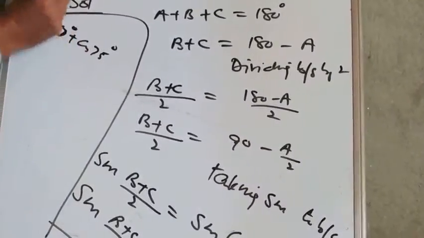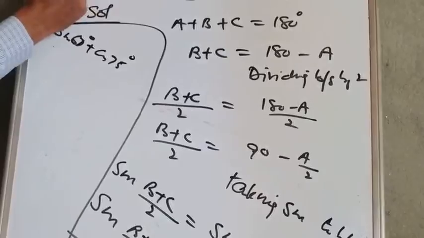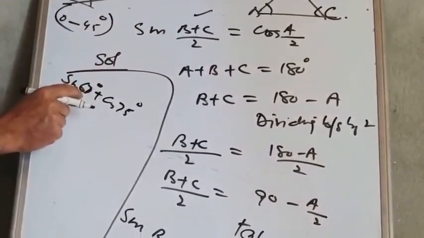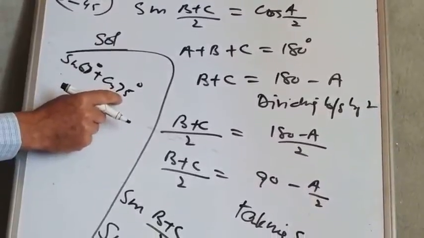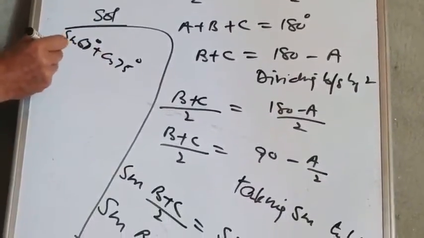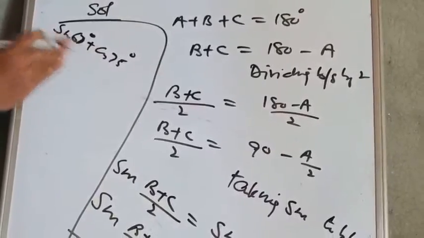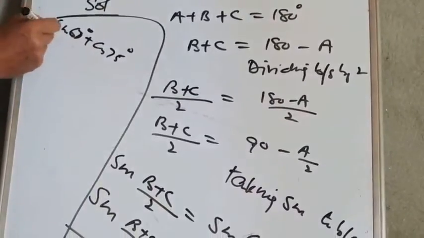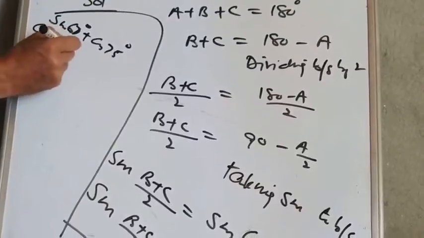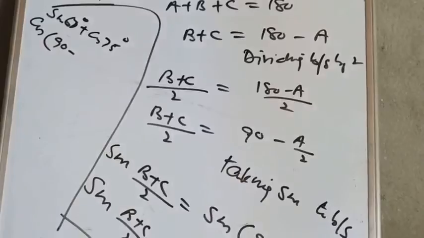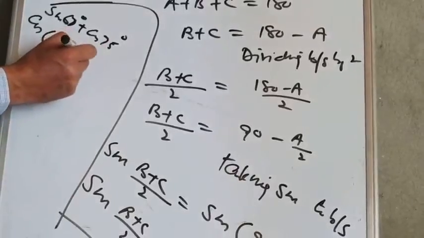The angle should come between 0 and 45 degrees. 67 is more than 45 degrees and 75 is again. So let's change. This is sine of 90 minus 23 degrees.